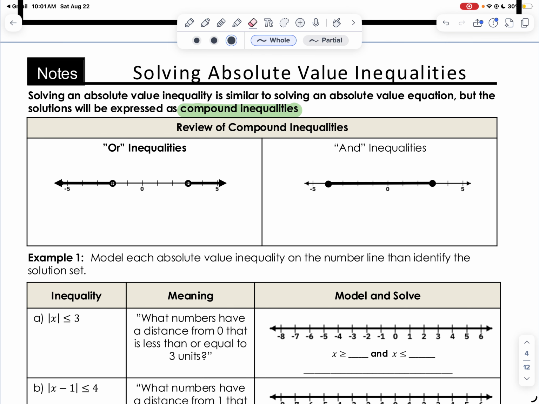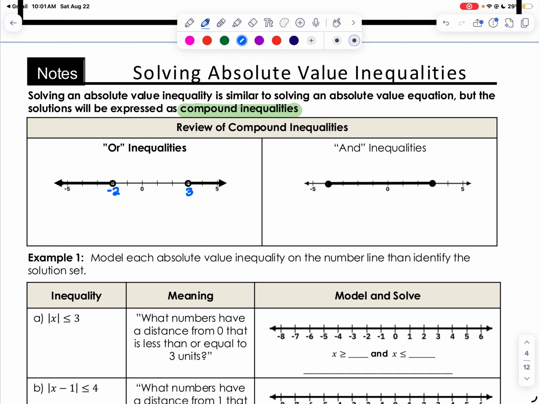So if you were given a graph like the one below where it says "or" inequalities, to write an inequality to express this graph, we would see one branch that goes off to the left, starting at -2, and a second branch that starts at +3 and goes off to the right.